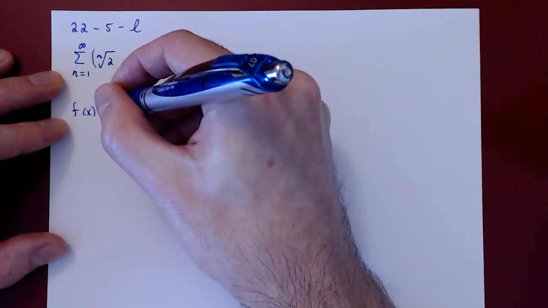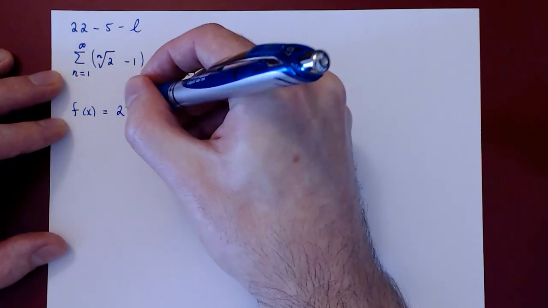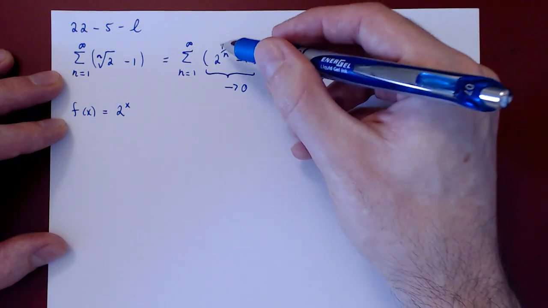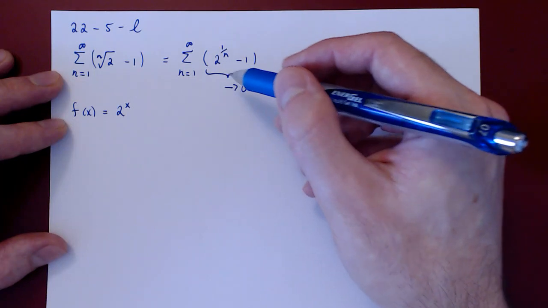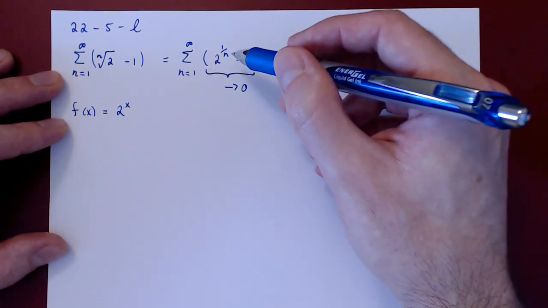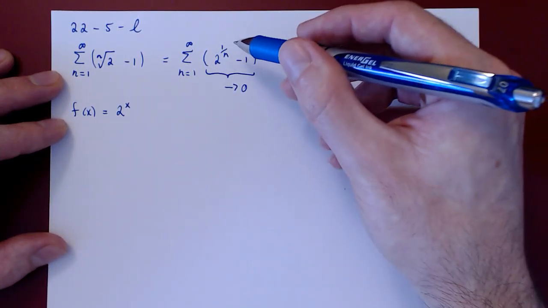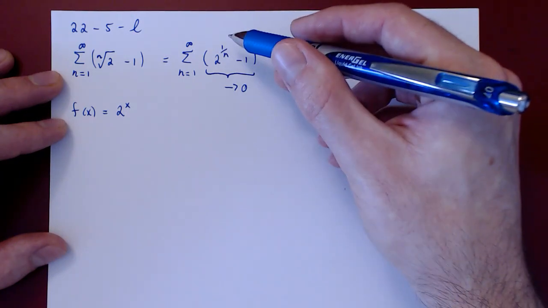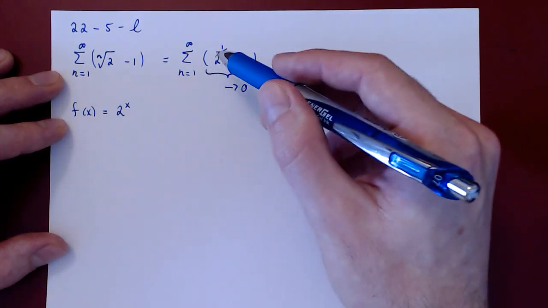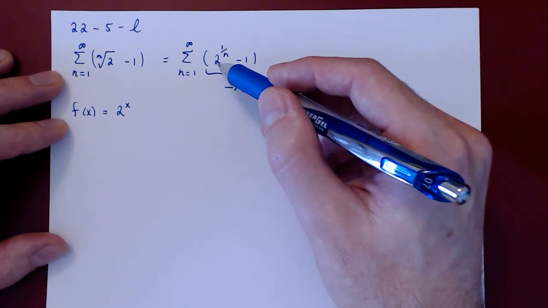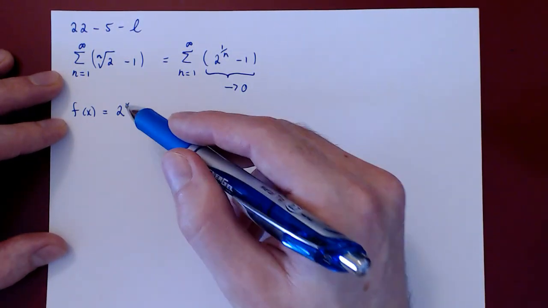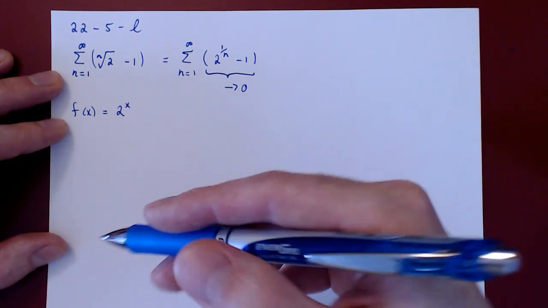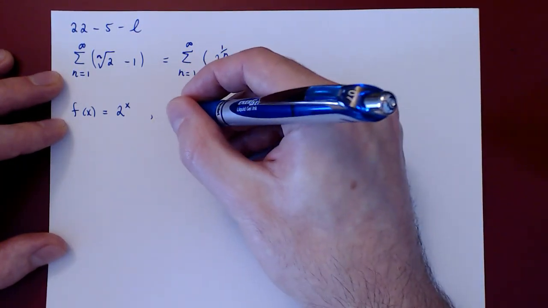We are interested in the behavior of the function 2 to the x, 2 to some number, and again, we care about the long-term behavior of this sequence, meaning when n tends to infinity, and so when 1 over n shrinks to 0. And so we care about approximating 2 to the x when x is very close to 0.